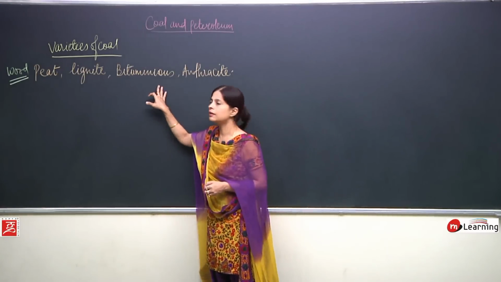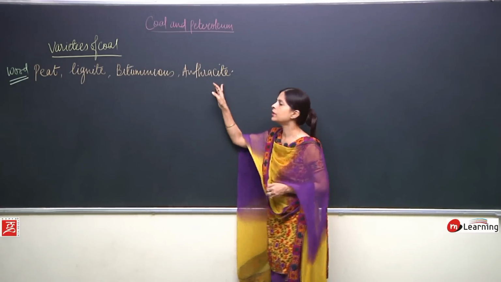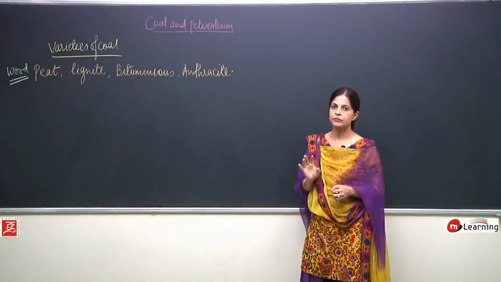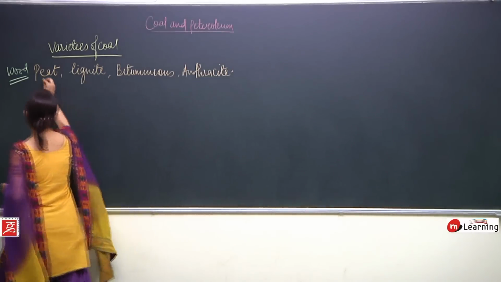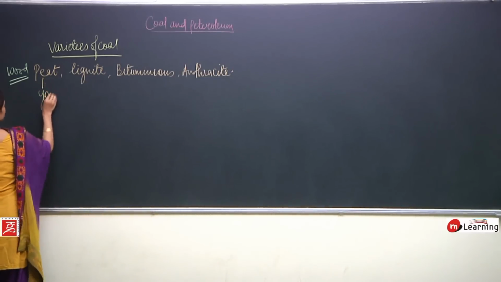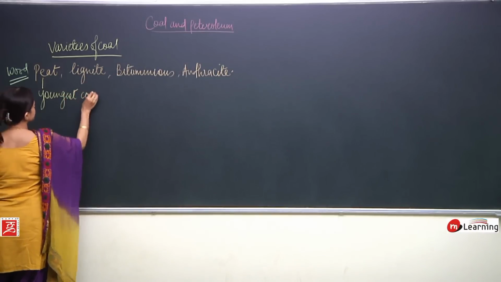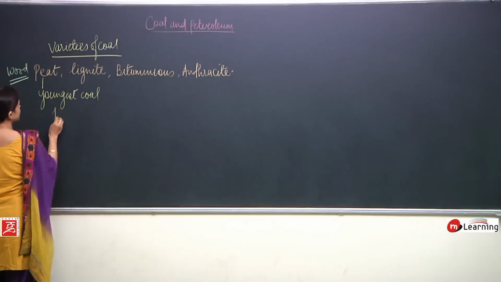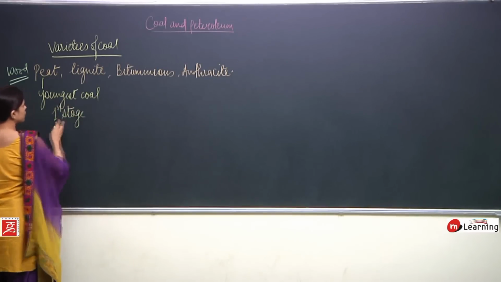Lignite will get converted into bituminous, and so on, it will get converted into anthracite. So what does it prove? It says that peat is the youngest coal, it is the first stage.